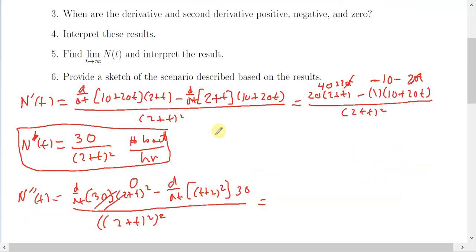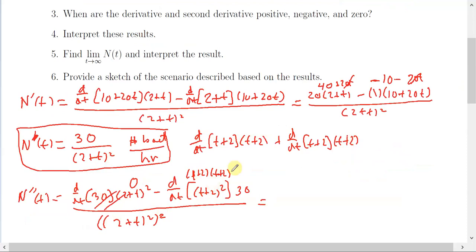This derivative I'm going to have to do as a product rule, so I'll just do it up here. It's going to be the derivative of the first. So I'm writing this as t plus 2 times t plus 2. And so it's going to be the derivative of the first, t plus 2, times the second, t plus 2, plus the derivative of the second, t plus 2, which looks just like the first one, times the second, t plus 2.